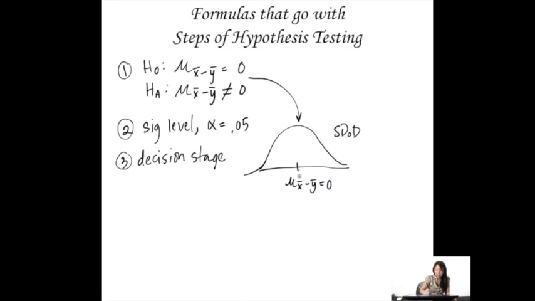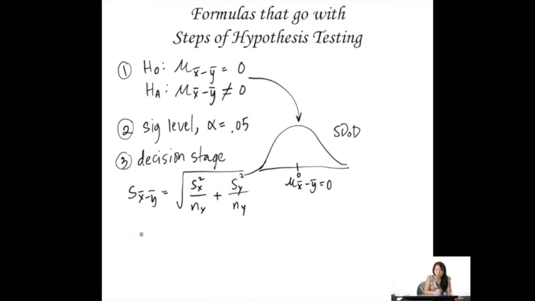So we assume that this point is 0. One thing you'll probably also want to know about the SDOD is the formula for standard error, right? So the formula for standard error of the SDOD, we've written this a lot of times now, right, is the variance of x over n sub x plus the variance of y over n sub y, right?